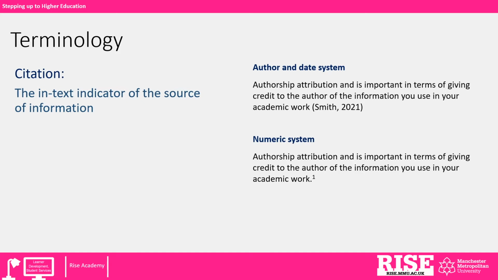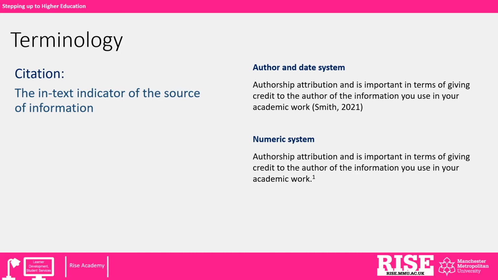An author-date citation will use the author surname and the year of publication as the indicator of the source. Referencing styles that use the author-date system include Harvard and APA. The numeric system is presented in text with a number, often a superscript number, positioned next to the text that has been cited.